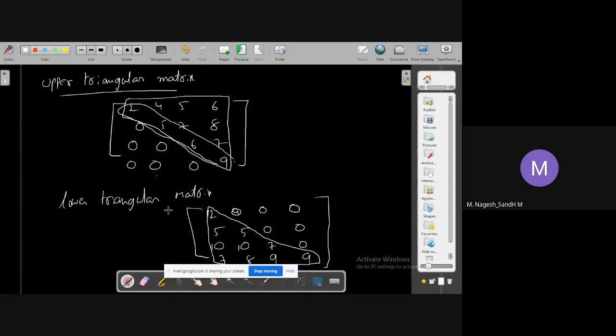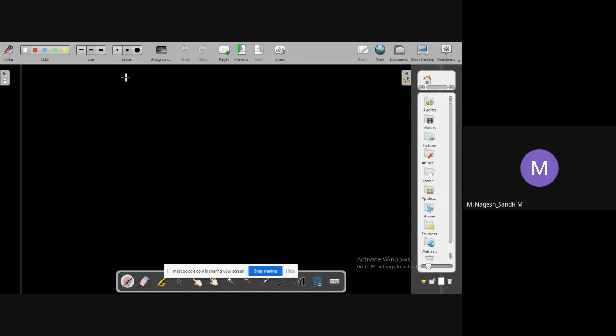So these are some types of matrices. Next, idempotent matrix. A square matrix means the number of rows is equal to the number of columns.